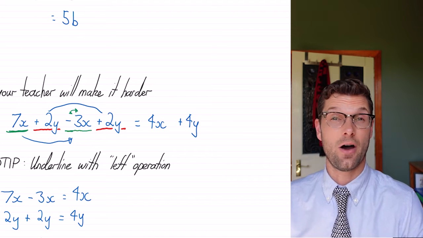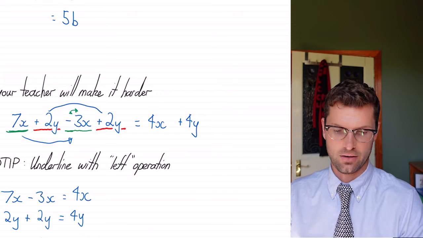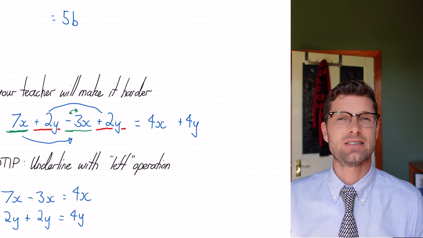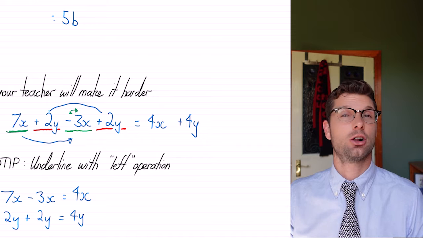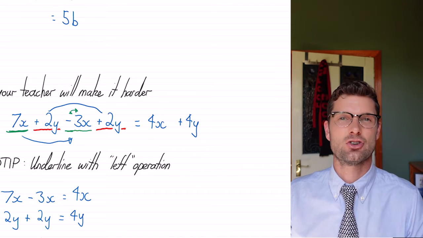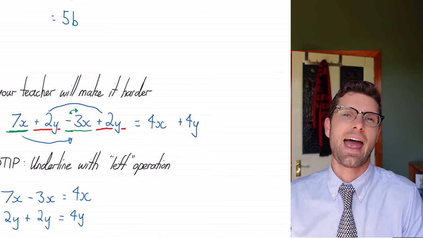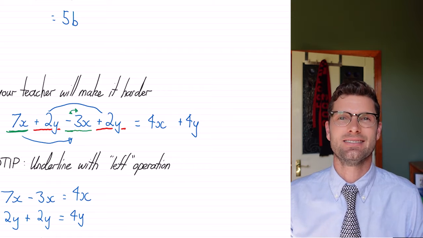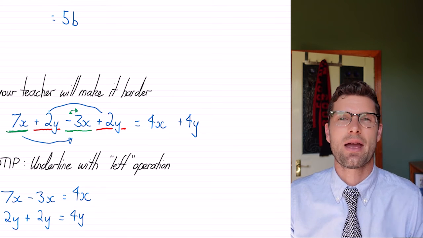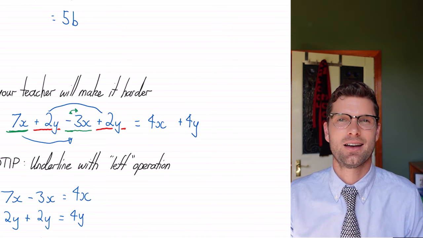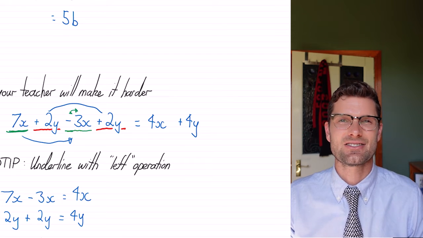That is totally fine. I really actually respect that kind of working, but if you throw those arrows in, it's just going to make it a lot clearer to yourself to make sure that you don't miss any terms, and it's going to make it really clear to your teacher in case you get something wrong. You might be able to still pick up a couple of marks.